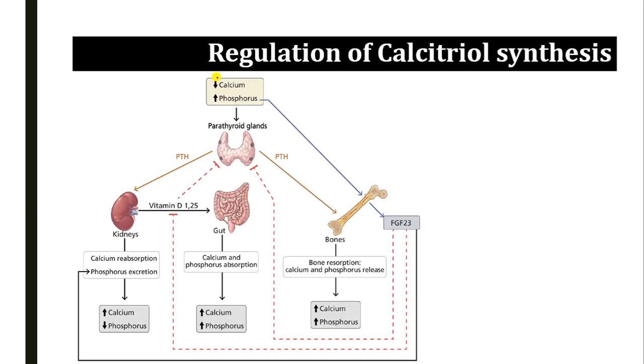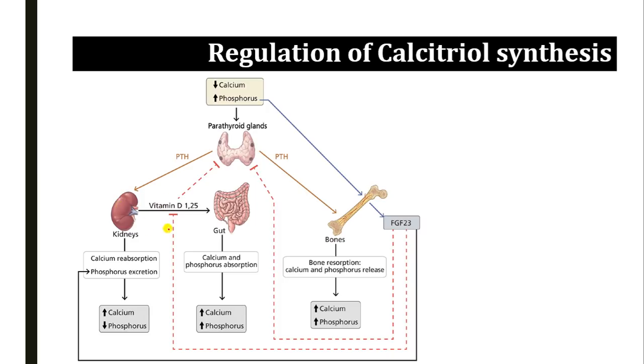You can see here, when the calcium level decreases or the phosphorus level increases, it causes stimulation of the parathyroid gland to release the PTH. PTH acts on the kidney and it stimulates the activation of vitamin D. It causes 1-alpha hydroxylation of calcidiol and forms calcitriol.